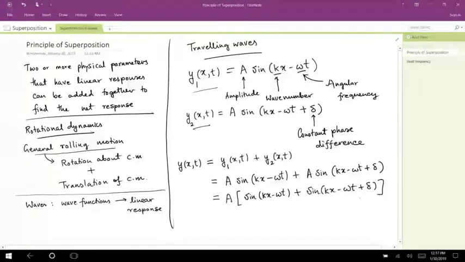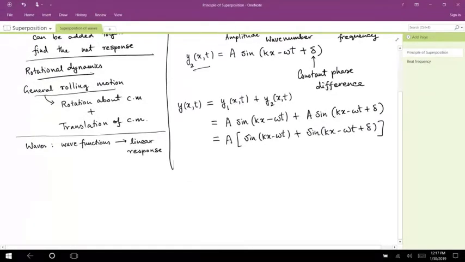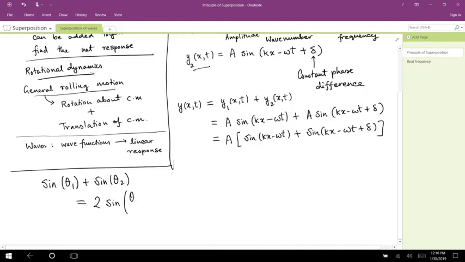Now I will use a trig identity to do this addition. We know that sine of a first angle theta 1 plus sine of another angle theta 2 is given by 2 times sine of theta 1 plus theta 2 divided by 2, multiplied by cosine of theta 1 minus theta 2 divided by 2.